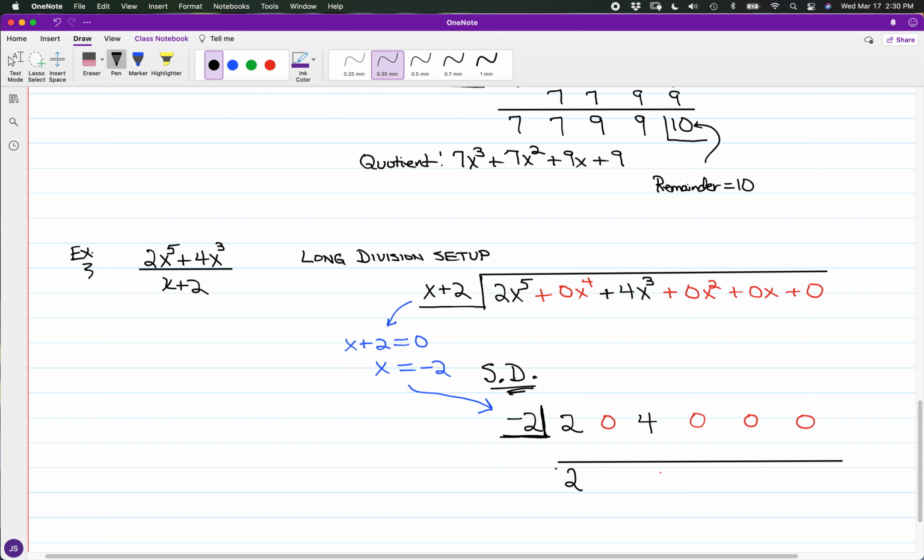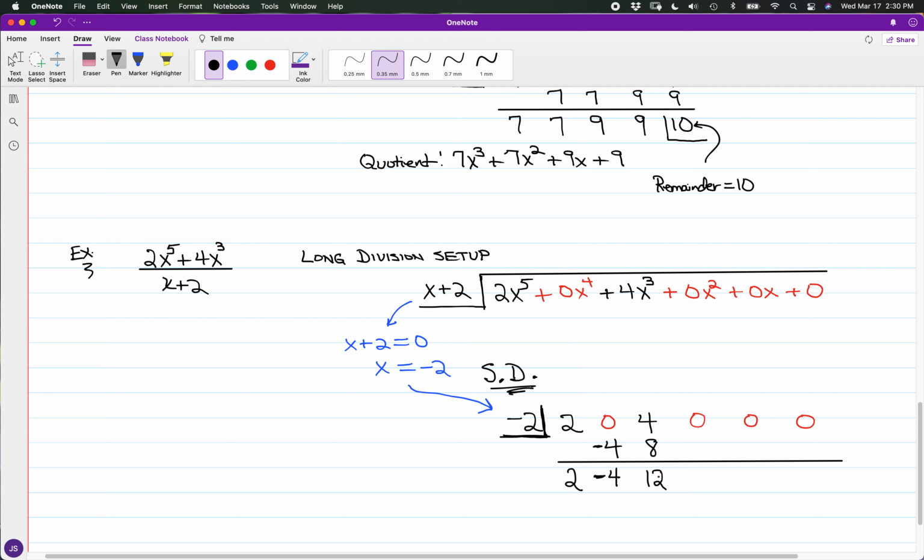So negative 2 times 2 is negative 4, and 0 plus negative 4 is negative 4. Then negative 2 times negative 4 is positive 8, and 4 plus 8 is 12.